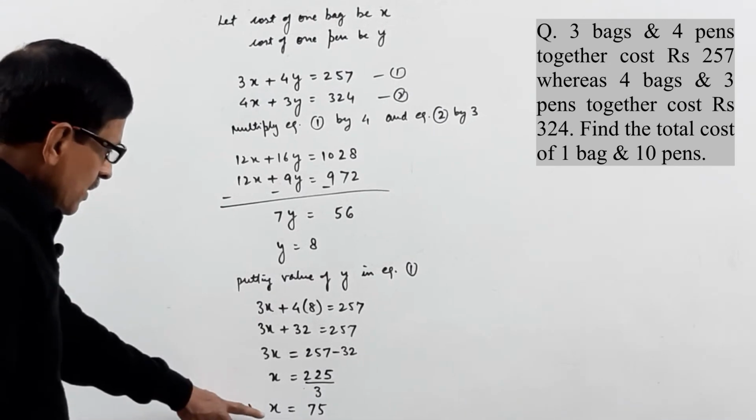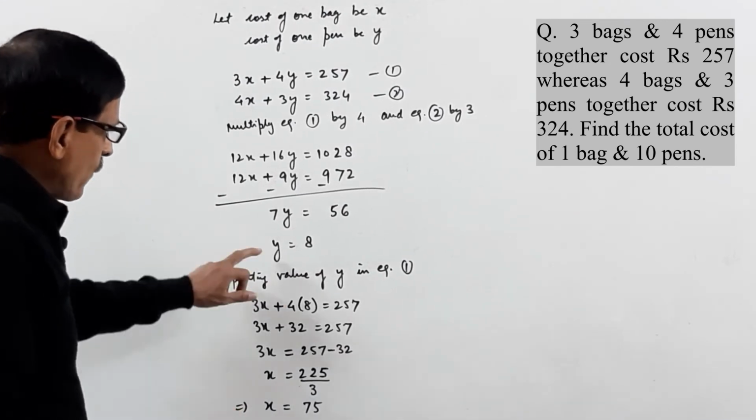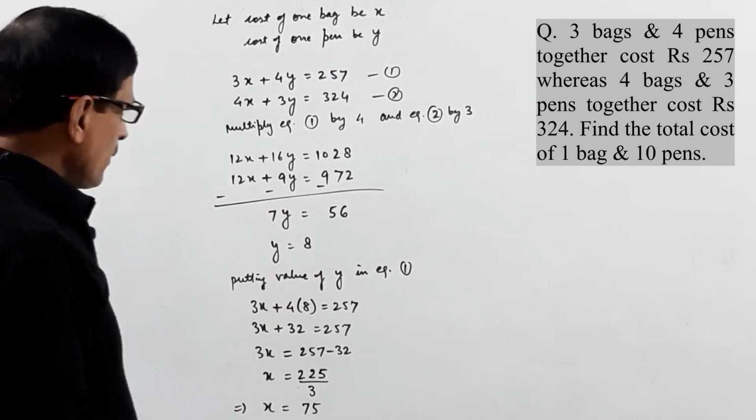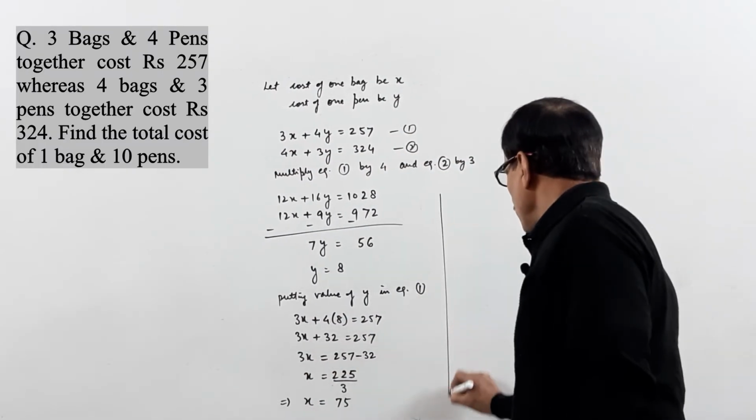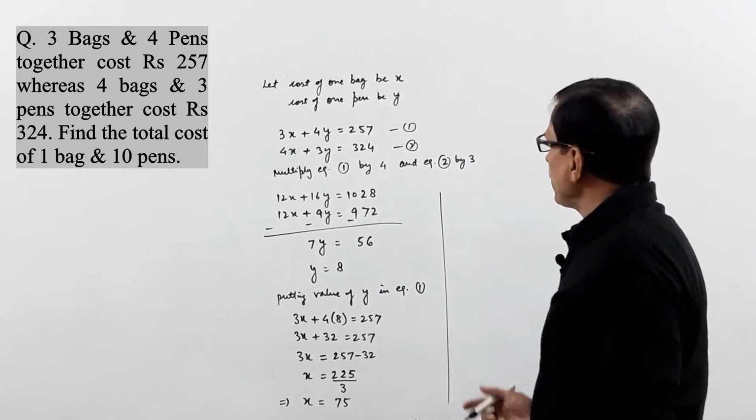Thus x is 75 and y is equal to 8, the cost of the bag and pen respectively.